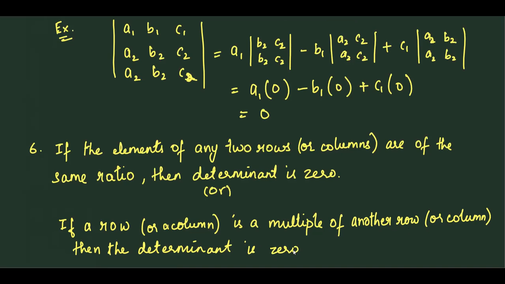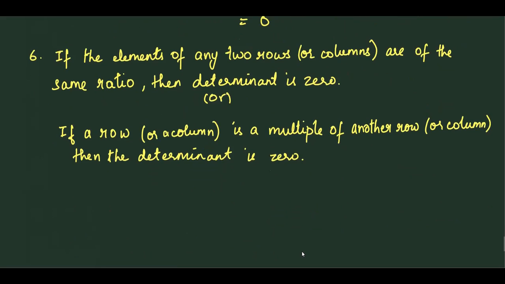So these properties we can use as a trick to evaluate the determinant very fast.